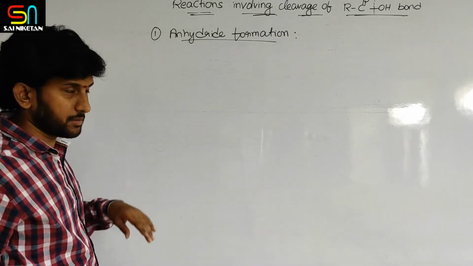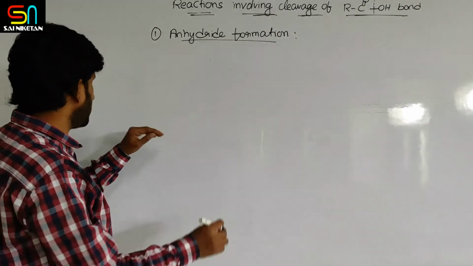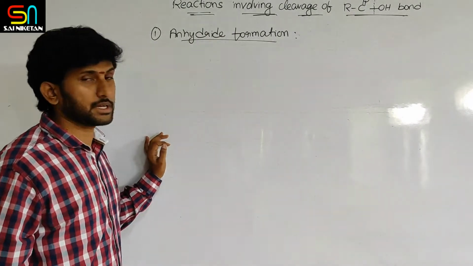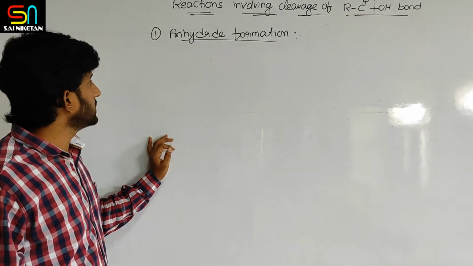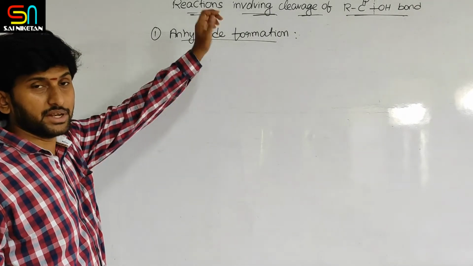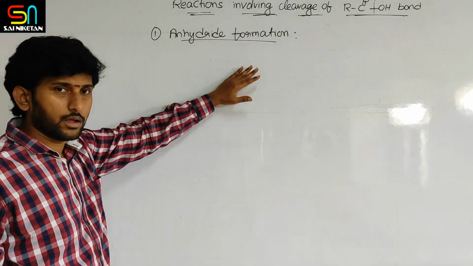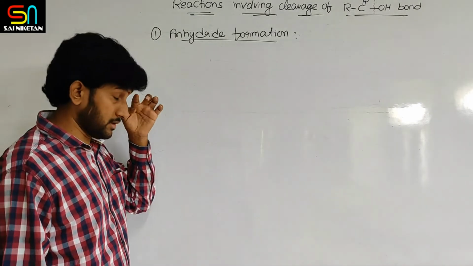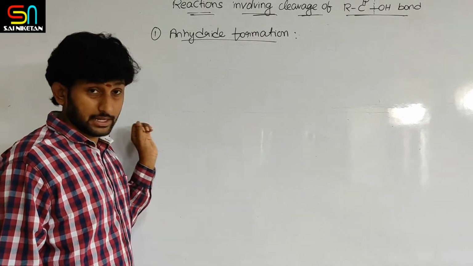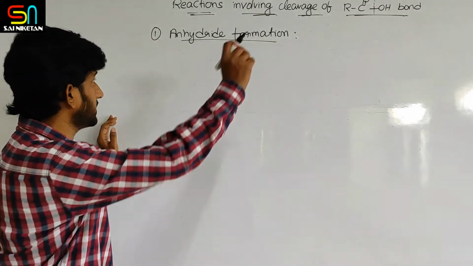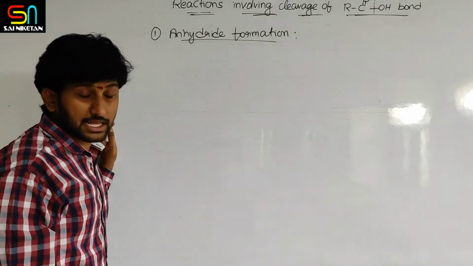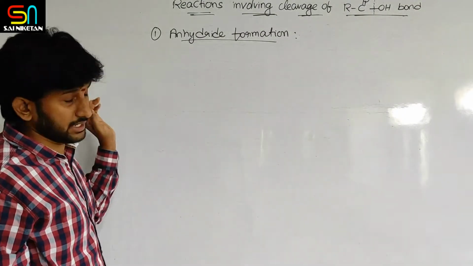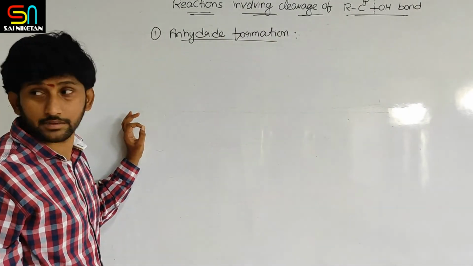Now in anhydride formation, you take any carboxylic acid, either a mixture or the same carboxylic acid. If you are treating with any mineral acid or dehydrating agents, then a water molecule is lost from two molecules of acid and it produces anhydrides.